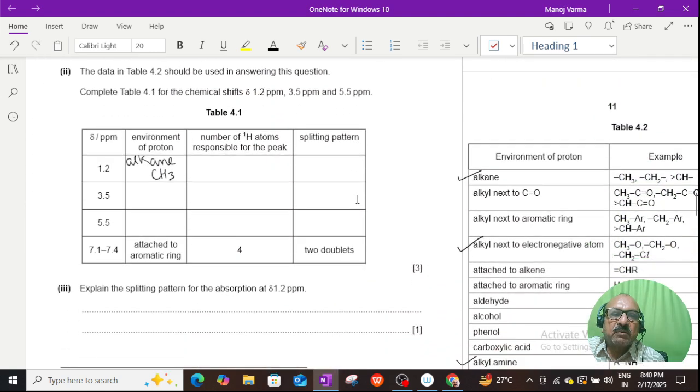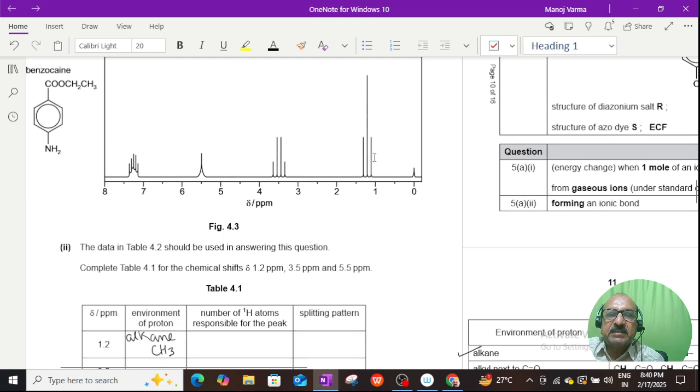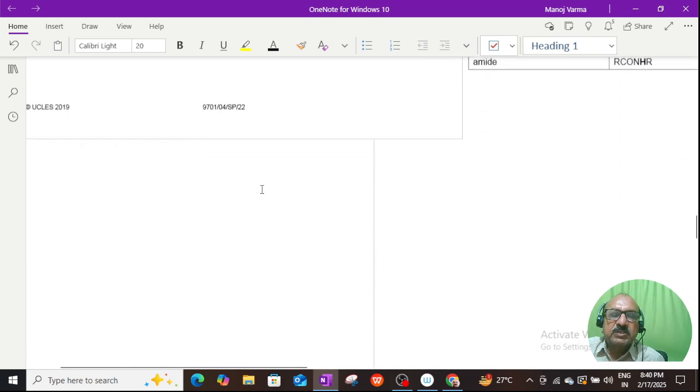So that answers the question. And for the splitting pattern, this is called a triplet, this is called a quartet, this is a singlet, and this is a multiplet. So that answers your question.